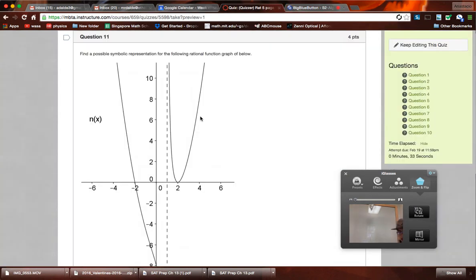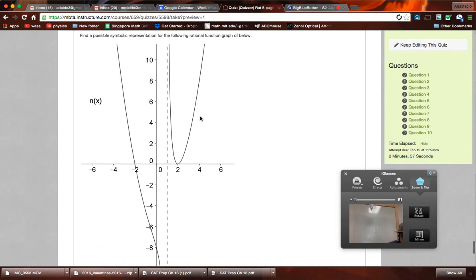It kind of has your graph right here, and you got a vertical asymptote at 1, and there's almost like a bounce off at 2, and then this thing is at -2 over here, and it also has a y-intercept of -8.